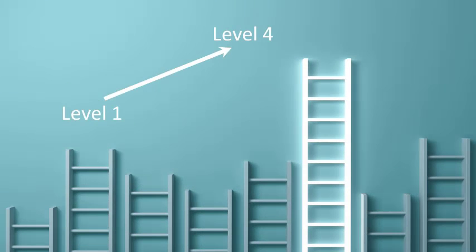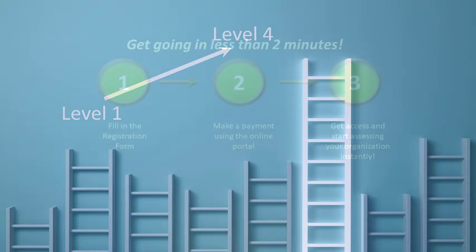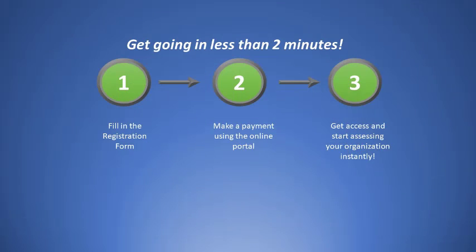You answer each question by rating your capabilities from a level 1 to a level 4. At the end of each section you will see your capabilities depicted graphically, which gives you an easy way to identify areas of improvement.